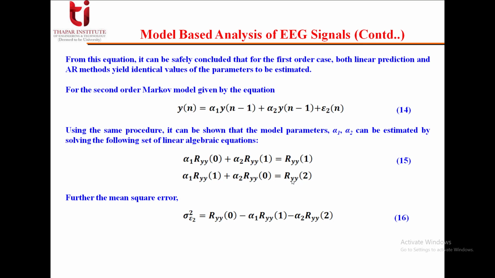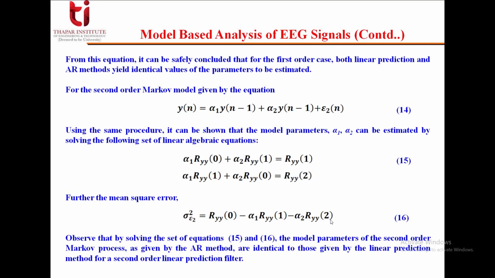Further, the mean square error can be computed as sigma epsilon 2 square is equal to ryy0 minus alpha 1 ryy1 minus alpha 2 ryy2. That is equation number 16.